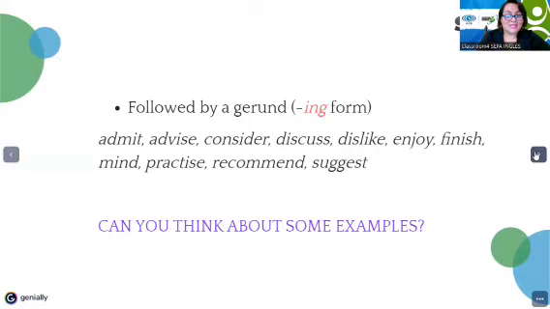Let's repeat. Followed by a gerund, all these verbs are exclusively used with the ing form: admit, advise, consider, discuss, dislike, enjoy, finish, mind, practice, recommend, suggest.